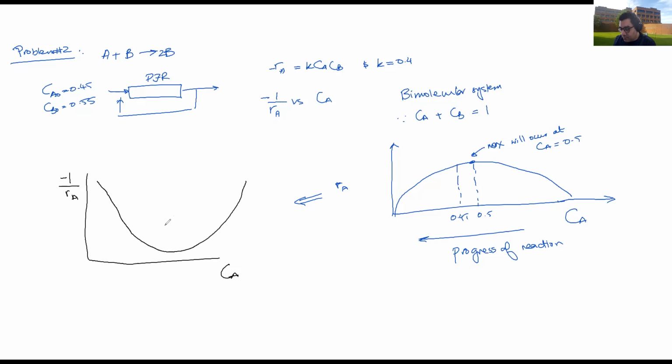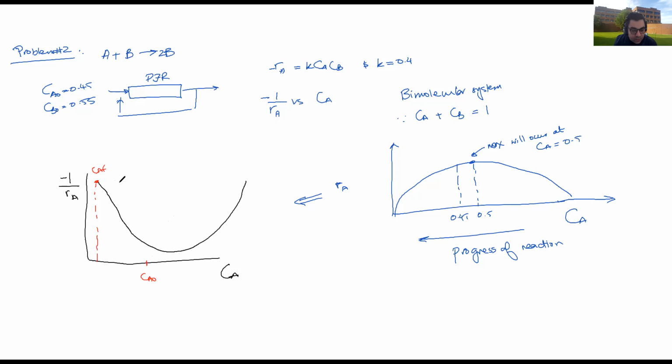And you have to remember that for a CSTR, we talked about this before, the performance or the residence time of the system will basically be just using your final CA. So this is CAF here.